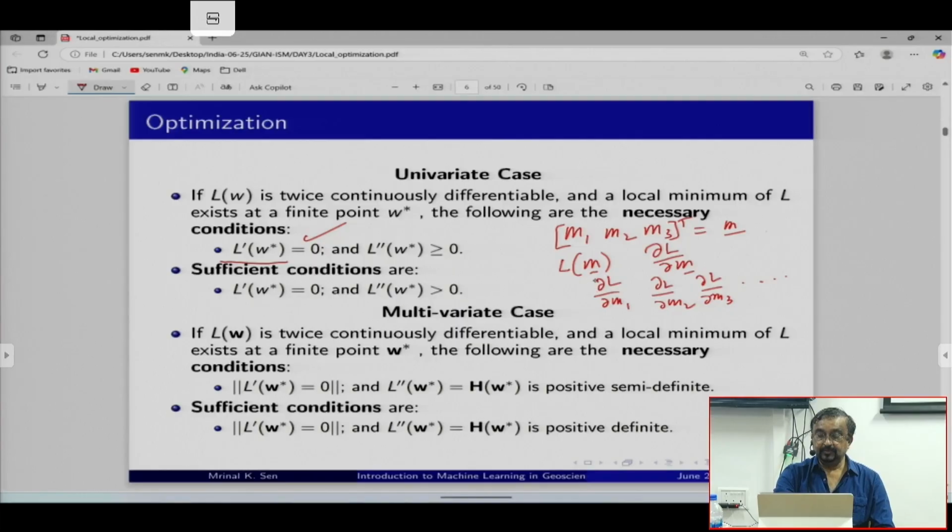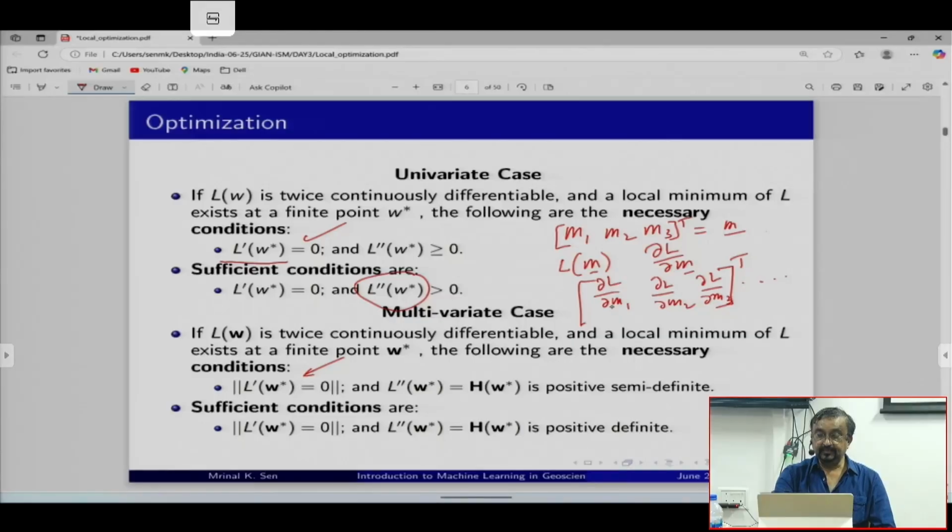So your gradient, our first derivative, is now a vector, right? And you want that vector to have 0 length. So we look at the norm of the vector and set that equal to 0. That gives me a minimum or a maximum. But then what about the second derivative?